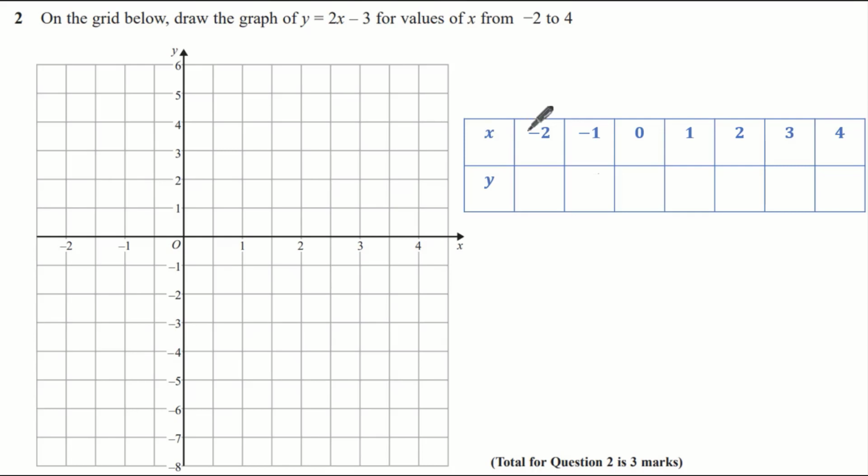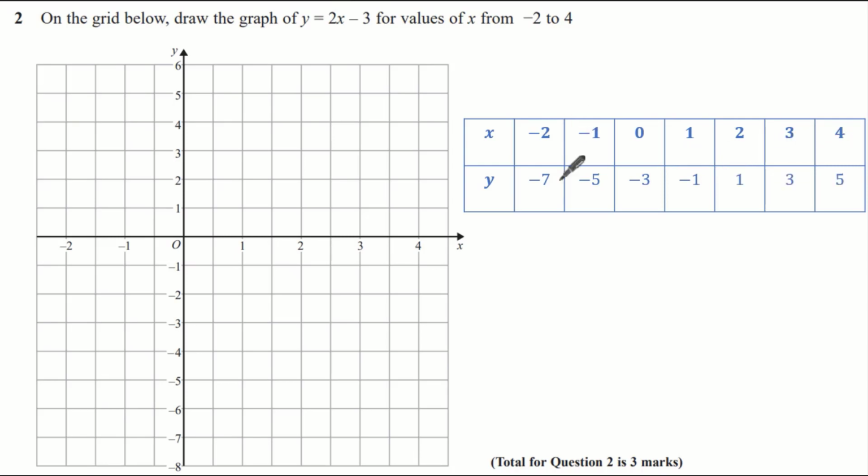Once we've identified our x values, I'm simply going to substitute into my function. So if x is minus 2, 2 times minus 2 is minus 4, subtract 3 gives me minus 7. When x is minus 1, 2 times minus 1 is minus 2, subtract 3 is minus 5. And you simply work out all the y coordinates given our x coordinates.